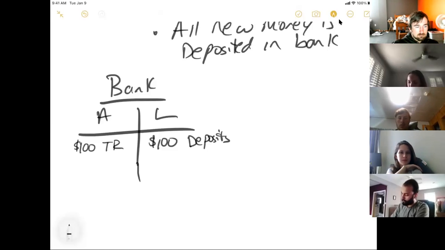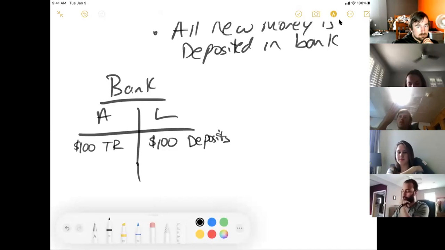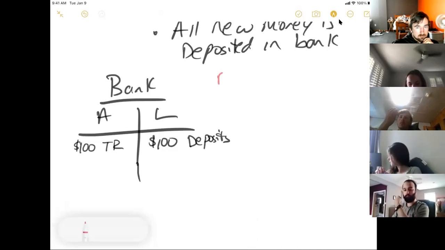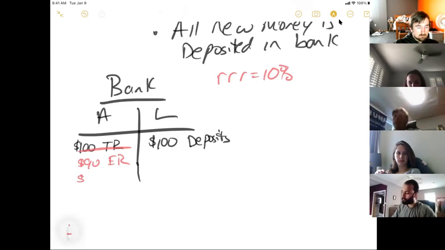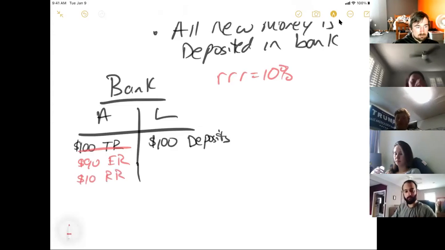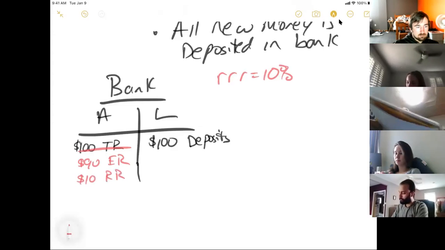So how much of this $100 can the bank lend out? 90, right, 90. Because remember, our reserve requirement ratio is 10% here. So we can really think about this as $90 in excess reserves and $10 as required reserves.